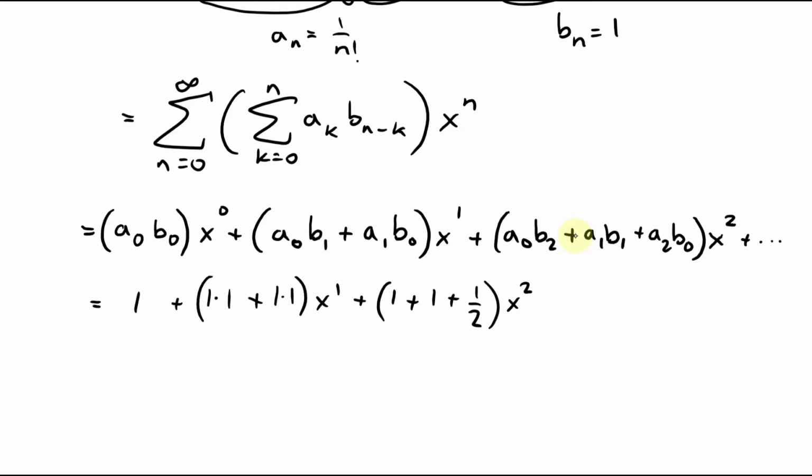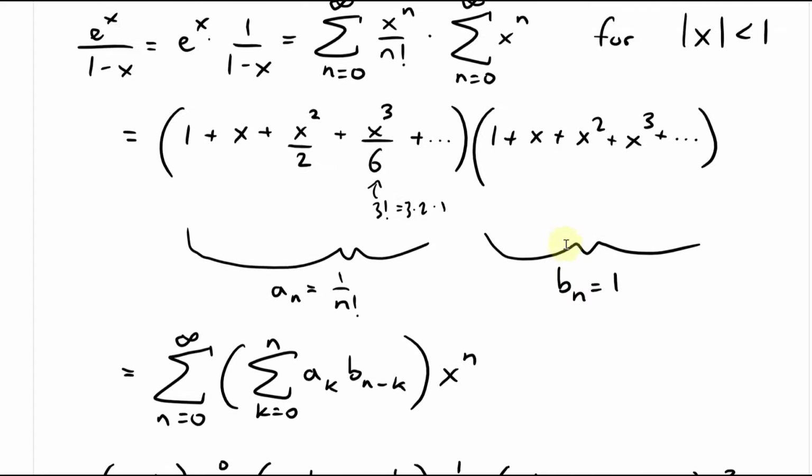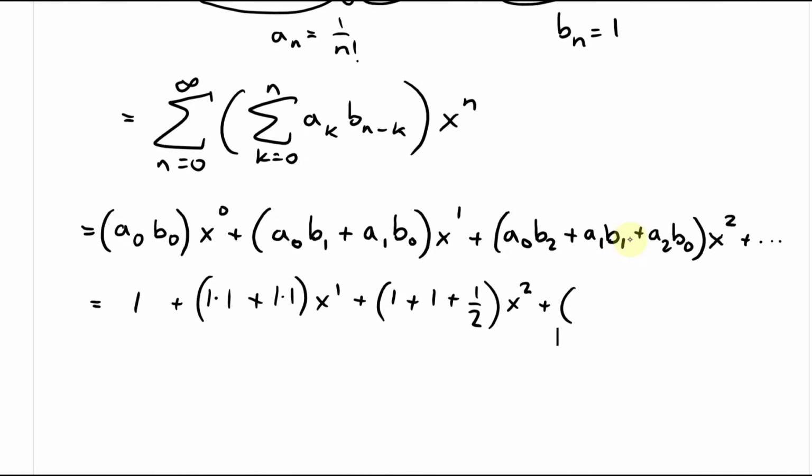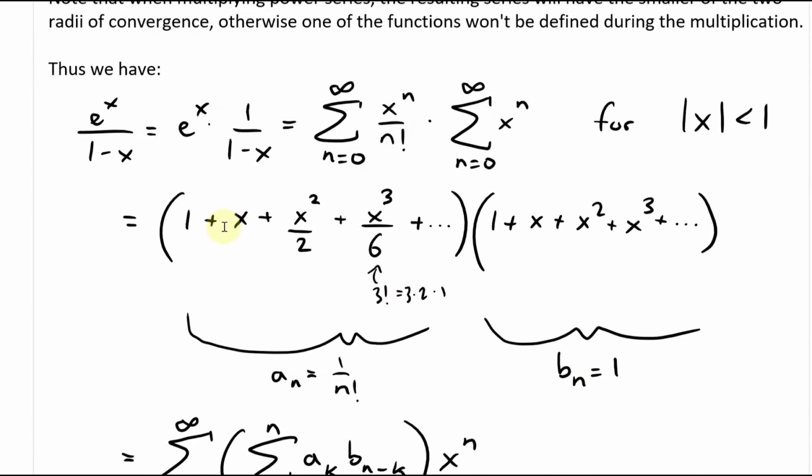And now let's go to the next one, which is our power of 3. So that's going to be a0 times the third one. So this is x0, 1, 2, and then 3. And this one's always 1. So this is going to be, again, just 1 plus, and then it's going to be this term, 1 times this one.